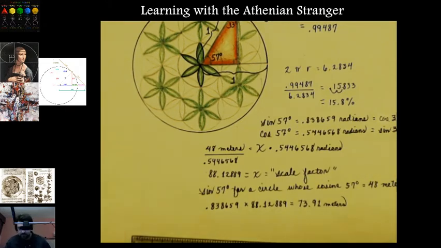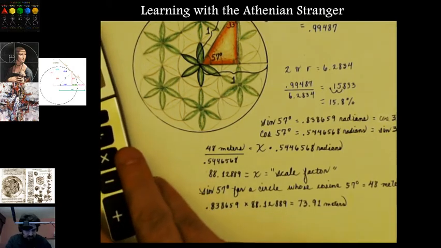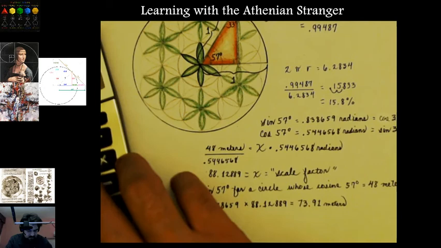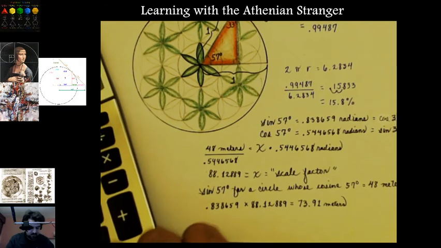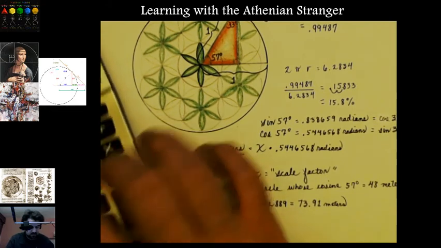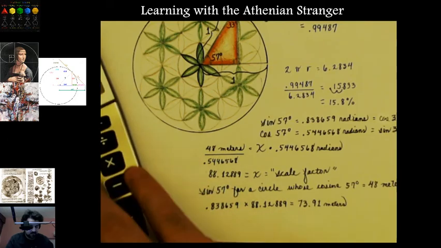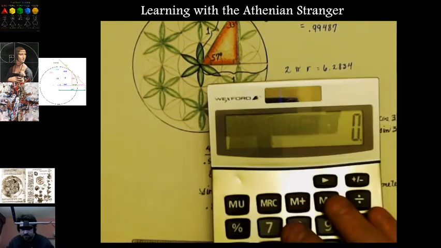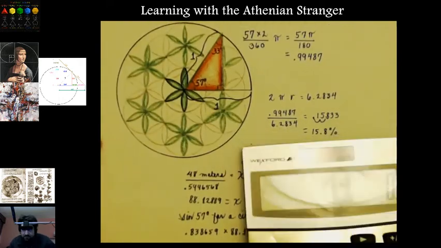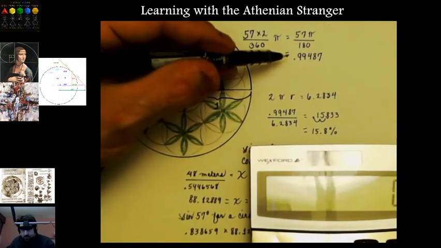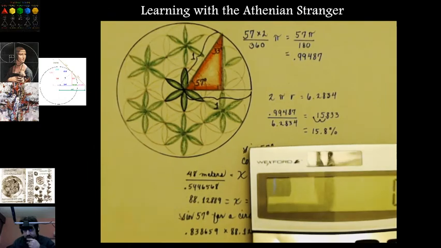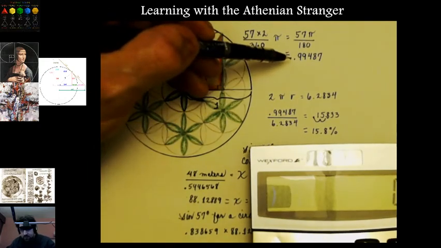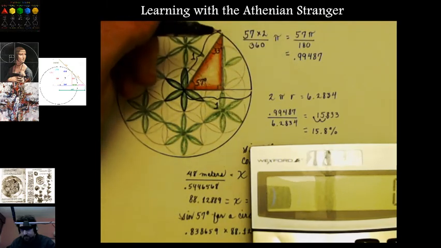But let me see if there was another way to do it. If I take 0.99487 times 88. Okay, so here's what I want to test. I want to test a theory in real time. Now, we have our radian measurement, and we could scale it up.